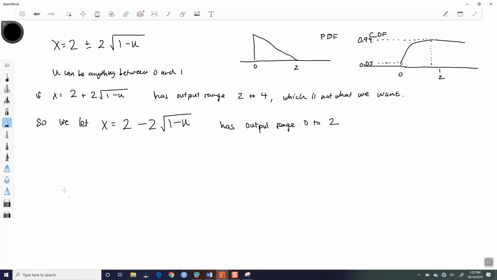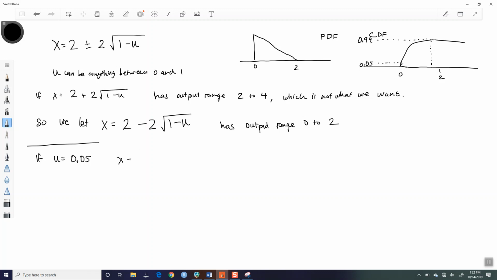Okay. All right, so let's go ahead and just try these out. So if u equals 0.05, we would expect a value close to 0. Okay, if we look at our CDF and we're doing inverse CDF, that means we're going to plug in 0.05 and we're going to get something out over here.